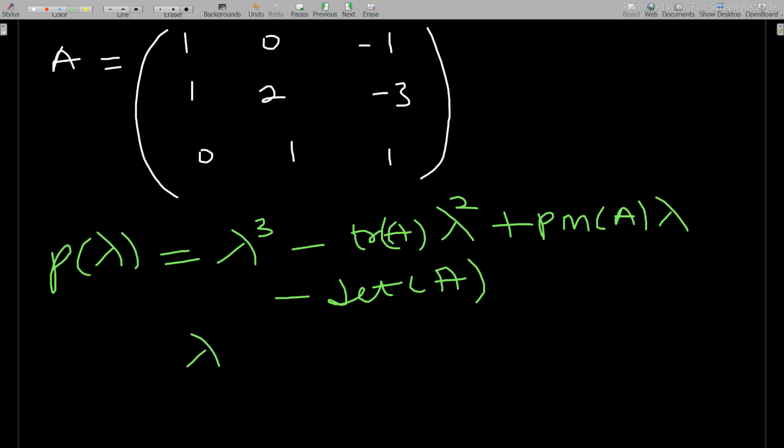So I have lambda cubed minus 4 lambda squared, and Pm is the sum of the principal minors.